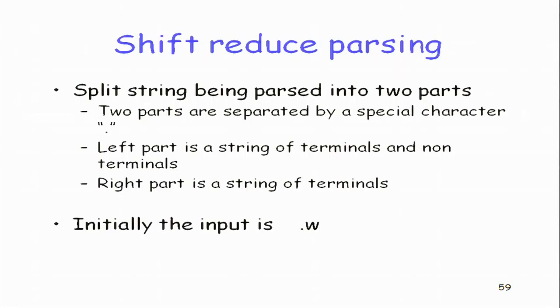And then I have to see what are the situations under which I do a shift and what are the situations under which I do a reduce. So for example, in this case I said do a reduce, take it to B, but when I shifted dot here, then I was saying don't do a reduce here, but keep on shifting and then do a reduce. So you have a choice between doing either a shift or doing a reduce.